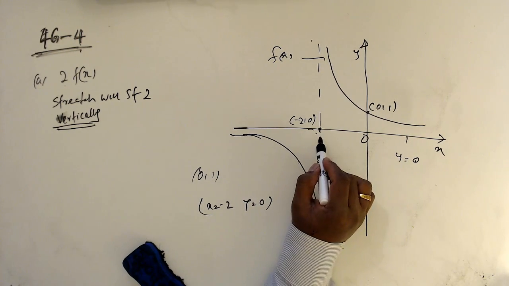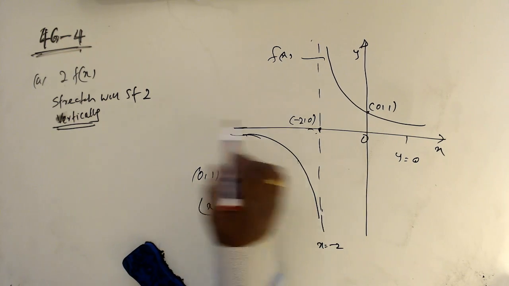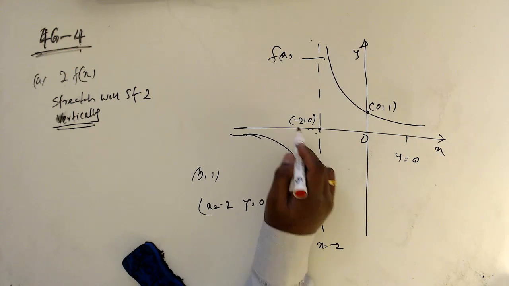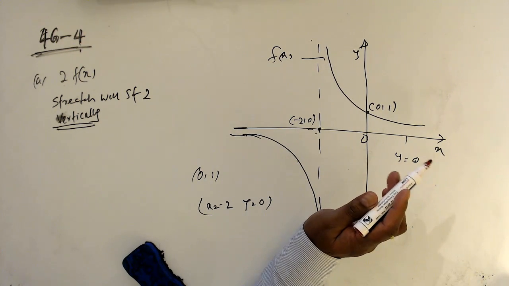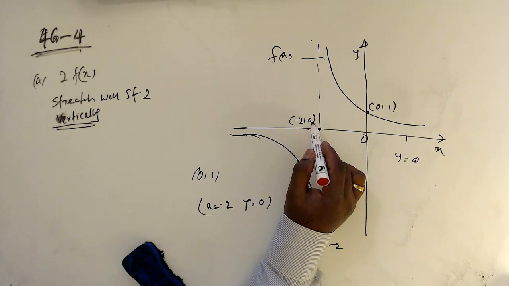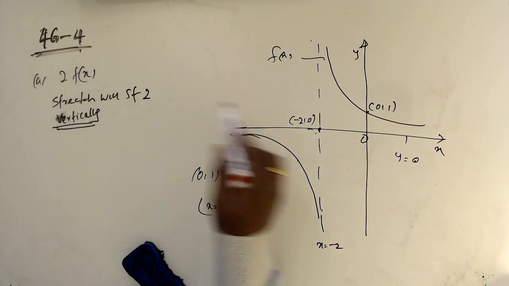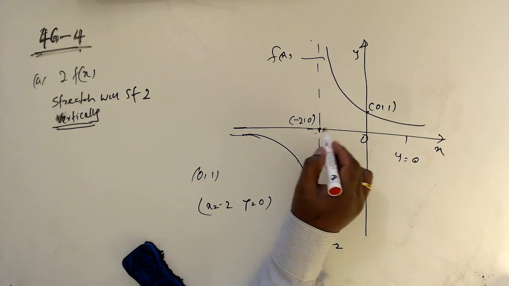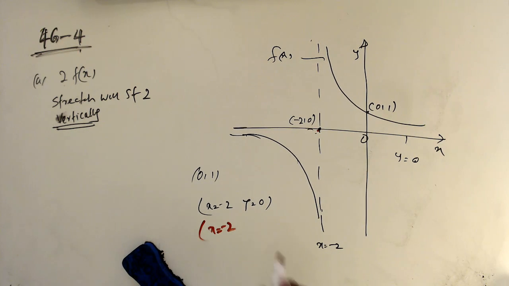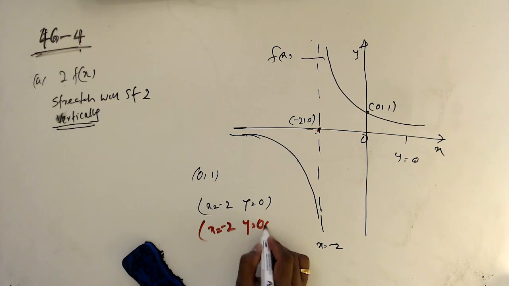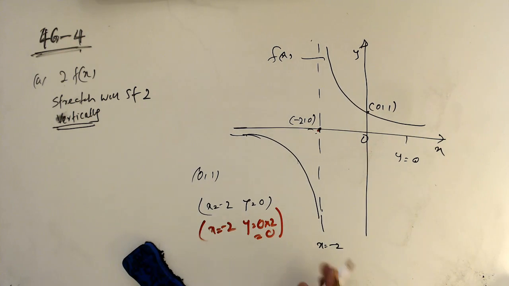Only it affects the y values, not the x values. So x equals minus 2 is going to be there as it is. When I multiply 0 by 2, it is still 0, so the asymptotes are going to be the same.